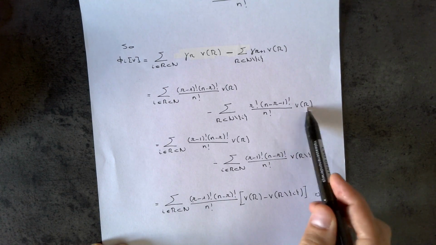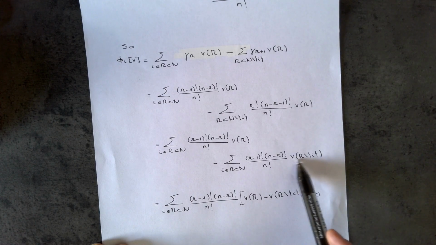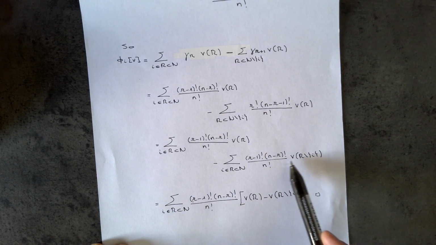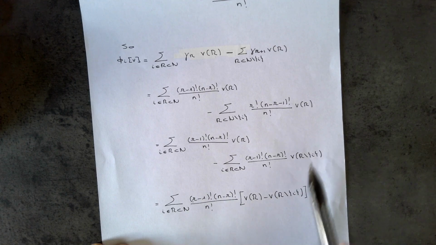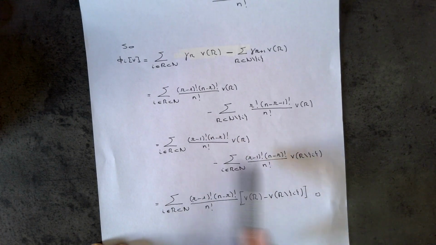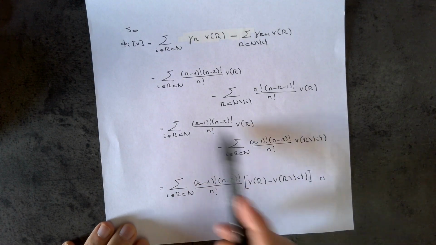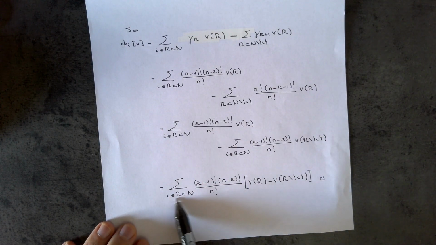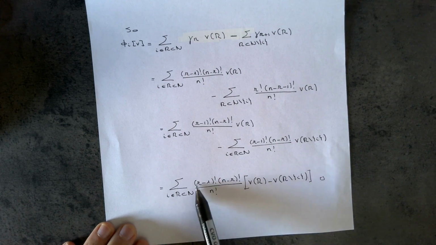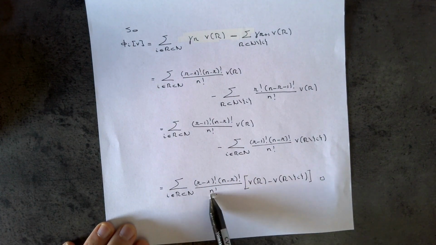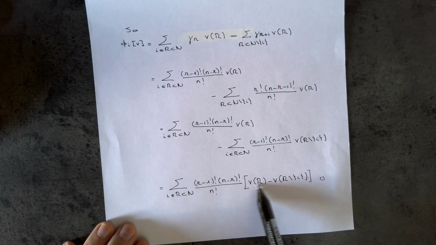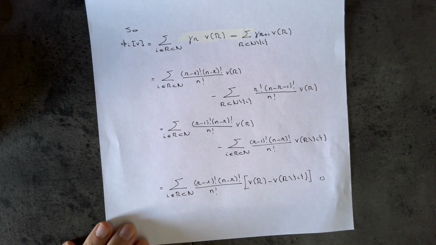And here VR, because I is not contained, and here I is contained in R, becomes VR minus I. And now the coefficients here are the same, and we're summing over the same coalitions. So we can just join the two sums. We sum over all coalitions that contain I of r minus 1 factorial, n minus r factorial divided by n factorial of VR minus I, which is indeed the Shapley value.